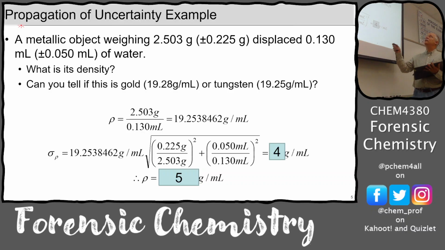Now, which of these uncertainties is the largest? It's tempting to say the 0.2 is the largest, but we're dealing with relative uncertainties when we're dealing with multiplication and division. And so this is where you do your uncertainty analysis. You're comparing RSDs. So look at this RSD.